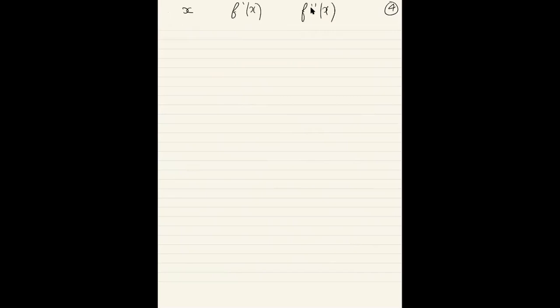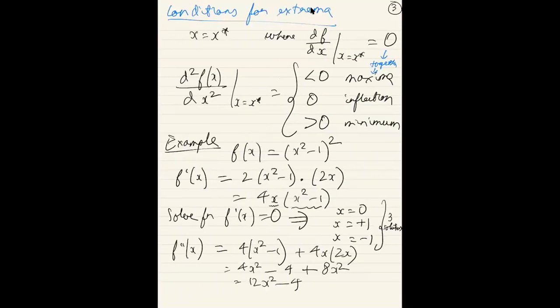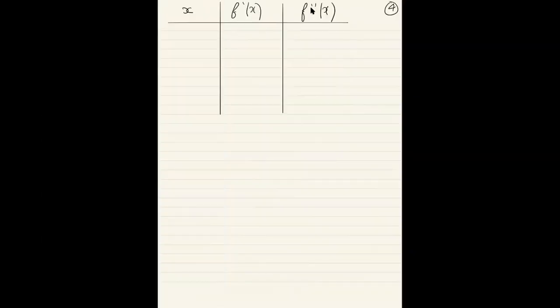So let's make a table for doing this. So what are the values we are interested in? We are interested in 0, plus 1, and minus 1. Let's proceed in a systematic manner. Let's look at minus 1, 0, and plus 1. We already know that f prime of x is 0 at all 3. So we know it's an extremum at any of these 3.